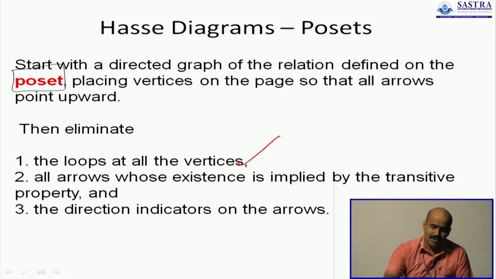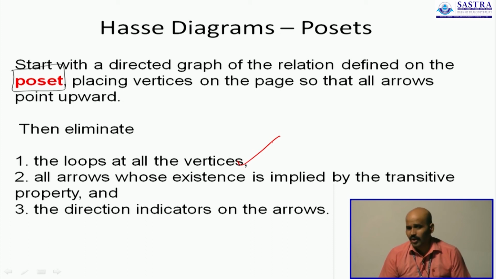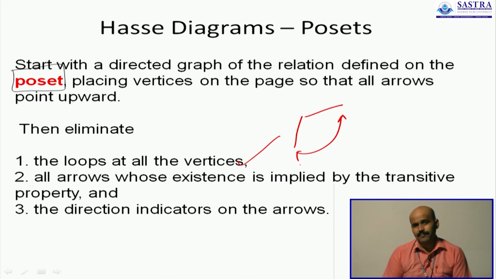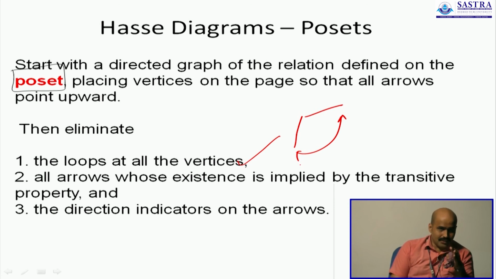So you will never draw any loops. And number 2, arrows whose existence is implied by the transitive property need not be drawn. So when I have AB as one line and BC as another line, I don't have to draw the line AC. This is because of 2 reasons. Reason number 1, you already know that there is a partial ordering defined on the poset.